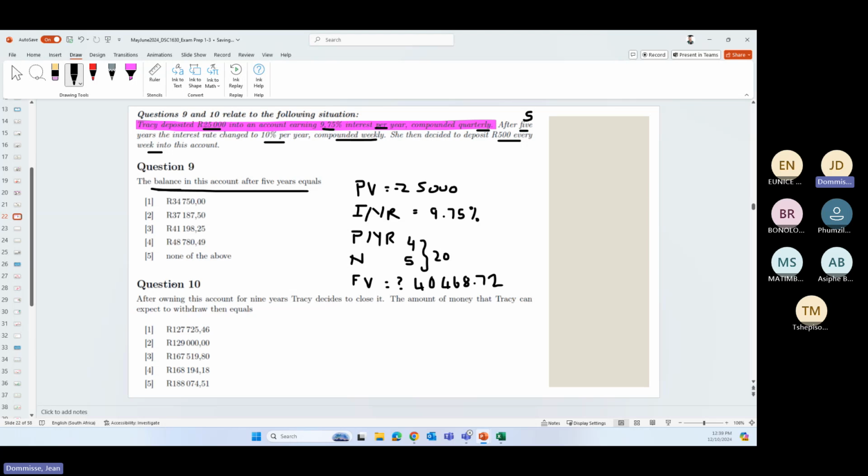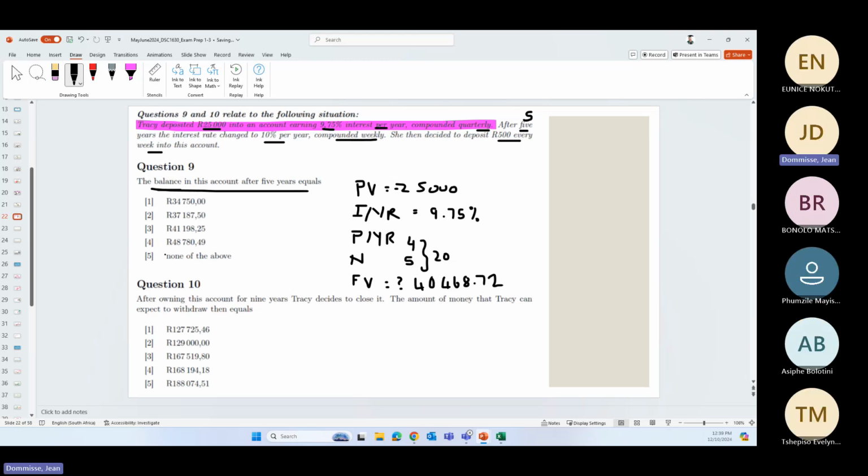Now I hope, like in some of our other subjects, that none of the above has fallen away, because this is really not nice, since that is actually our answer.